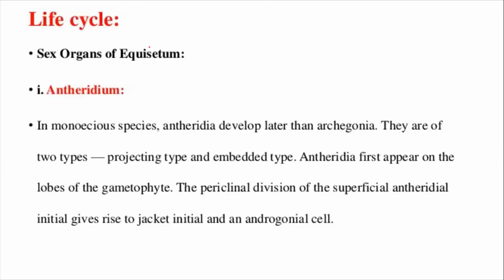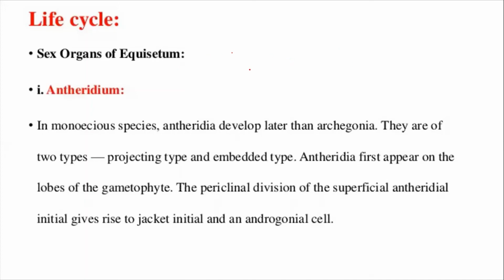Now the spores, when they fall on the ground, undergo germination and produce the next generation of the life cycle, which we call the gametophyte. The gametophyte is an independent tissue, which we call the prothallus.